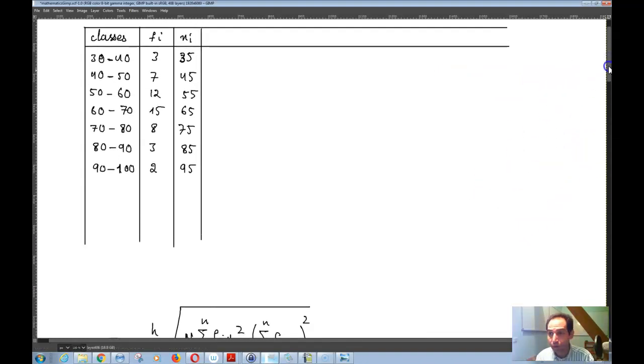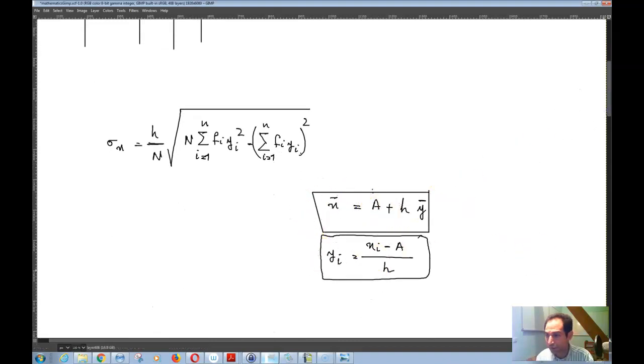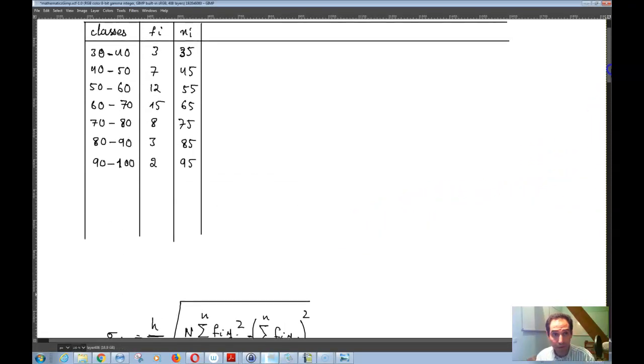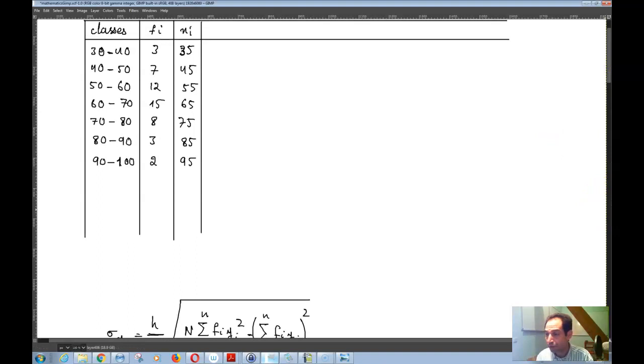Now, in order to use this formula, if I were to use the table itself, it would be pretty hard to calculate my x bar, because x bar is equal to sigma f of i times x of i as i goes from 1 to n, over sigma f of i as i goes from 1 to n.